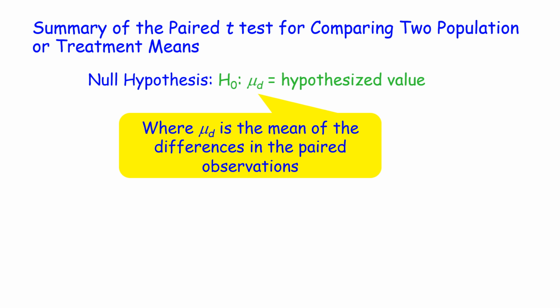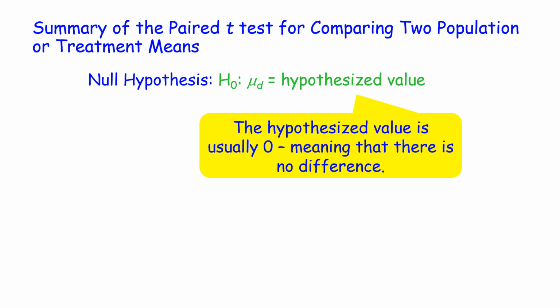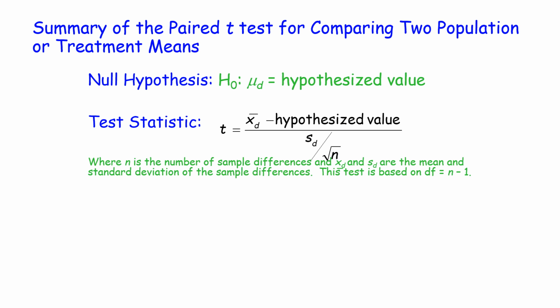So a summary of the paired t-test from comparing two populations or treatment means: we have our null hypothesis. We have our mu sub d, which is the mean of the differences in the paired observations, and that's going to equal our hypothesized value. Our hypothesized value is usually 0, meaning that there is no difference.